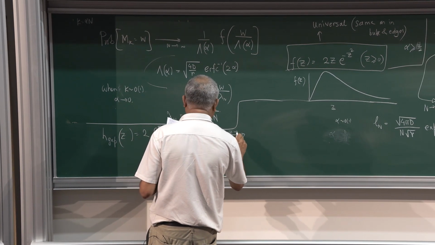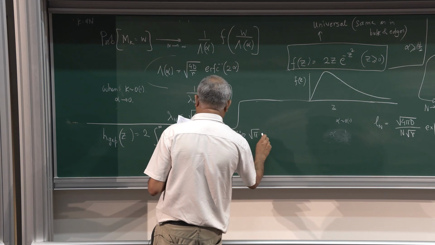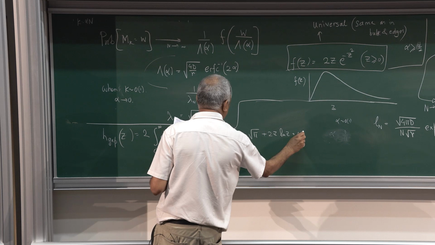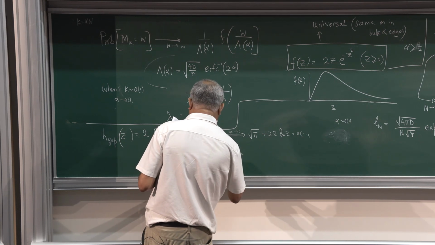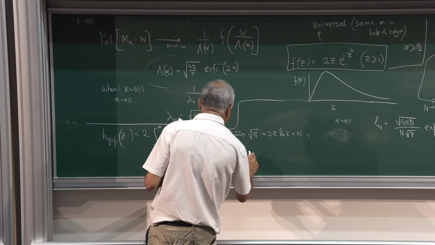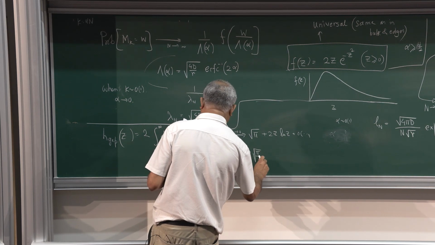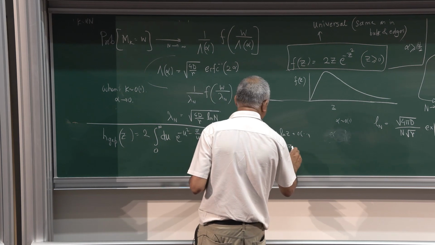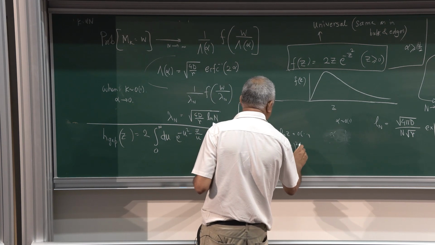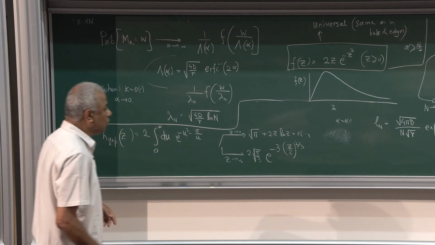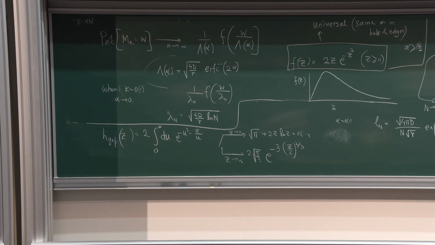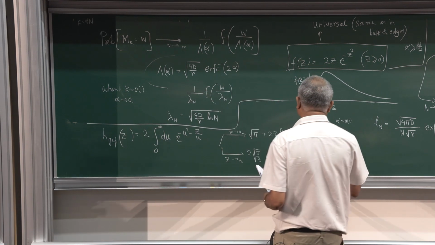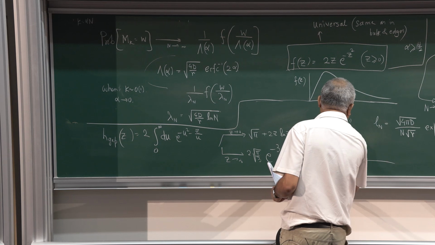As z goes to 0, it goes to square root of pi plus 2z log z plus higher order terms. And for large z, it decays as a stretched exponential, exponential minus z to the power 2/3. So it decays slower than exponential for large z. If you plot this function, it looks like that.